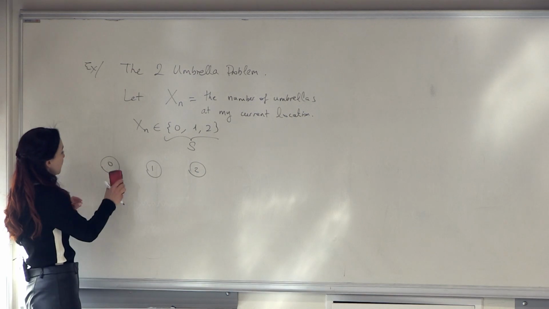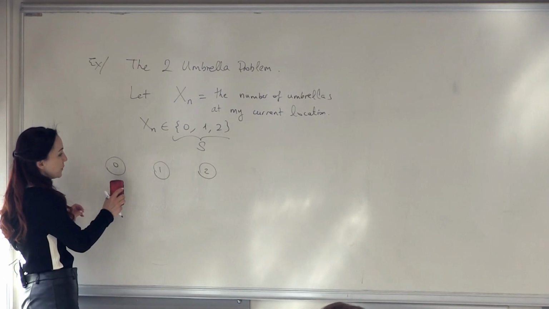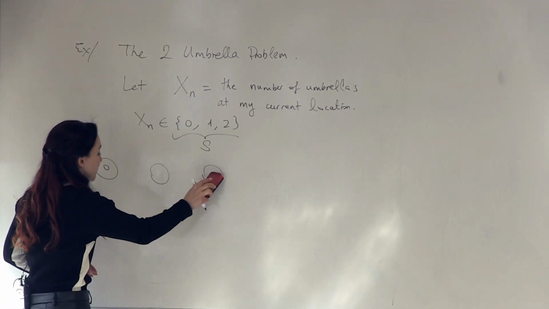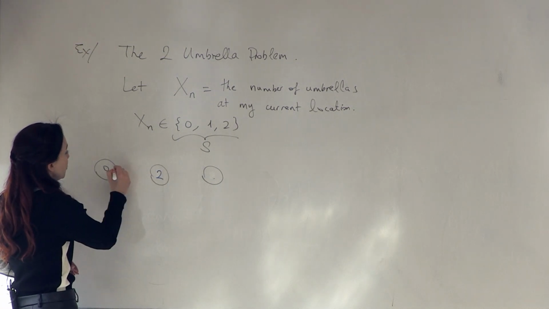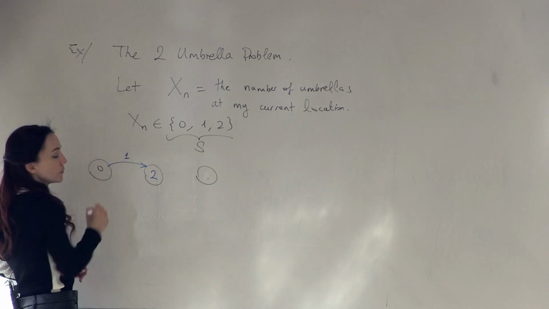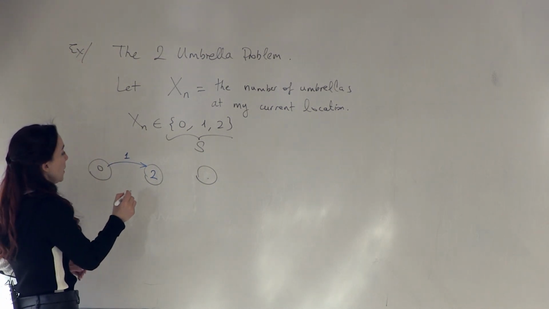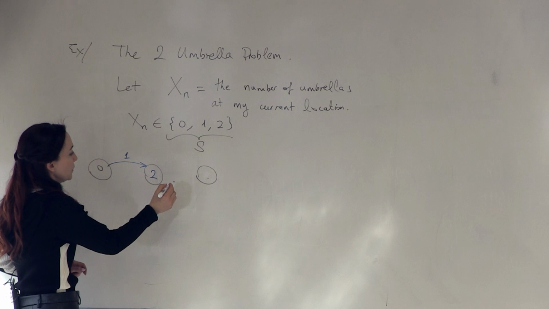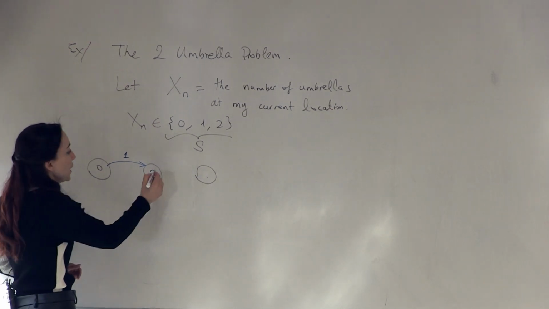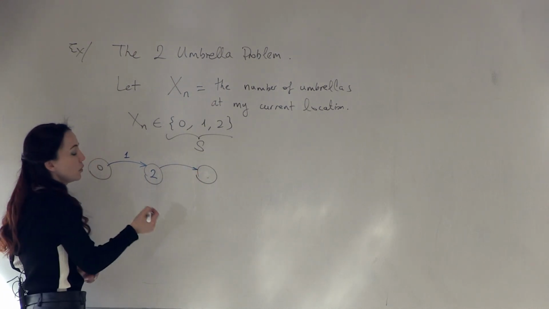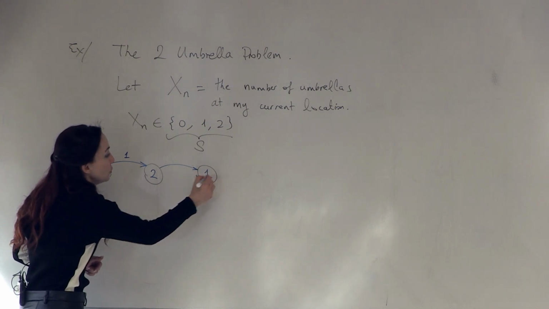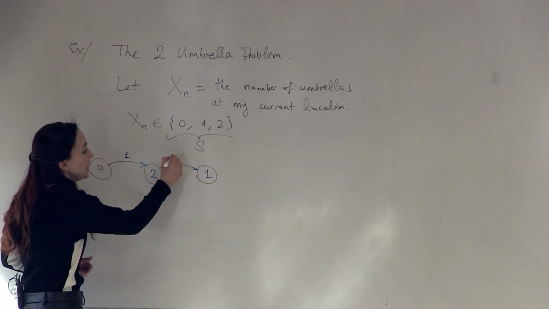Maybe I should order these states differently, 0 to 1 is perhaps better, because from 0, I cross to 2 with probability 1. From state 2, if it rains, I take an umbrella with me, and in my next location, there will be one umbrella, because originally there was 0 there. So from 2, I cross to 1 with probability P.